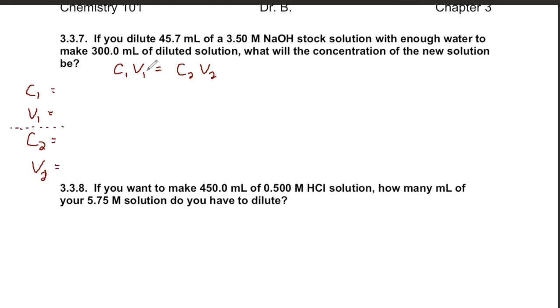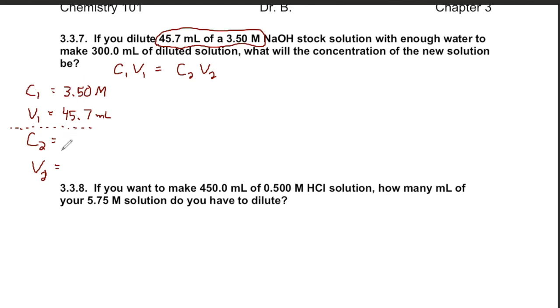I think that's a helpful way to approach this. And it doesn't matter if you assign this first volume to be V1 or to be V2. What matters is that you keep the volume that matches a particular concentration together. So we have 45.7 milliliters of the solution that's 3.50 molar. If we make this V1, then the concentration 3.50 molar needs to be C1 because these two match.